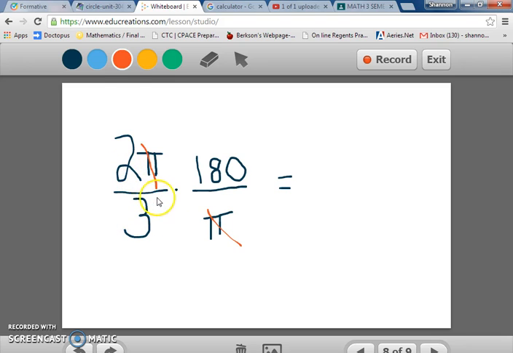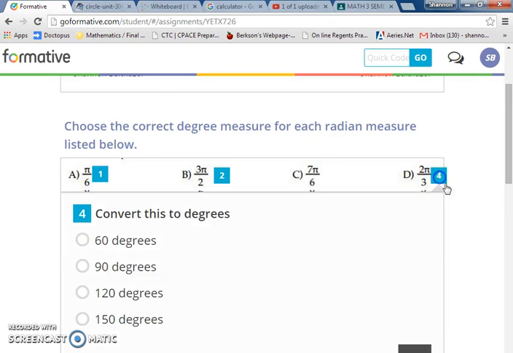And we can again divide ahead of time. 3 goes into 180 60 times. 2 times 60 is 120. So 2 pi over 3 is 120 degrees. Click on number 4, choose 120 degrees, and hit done.